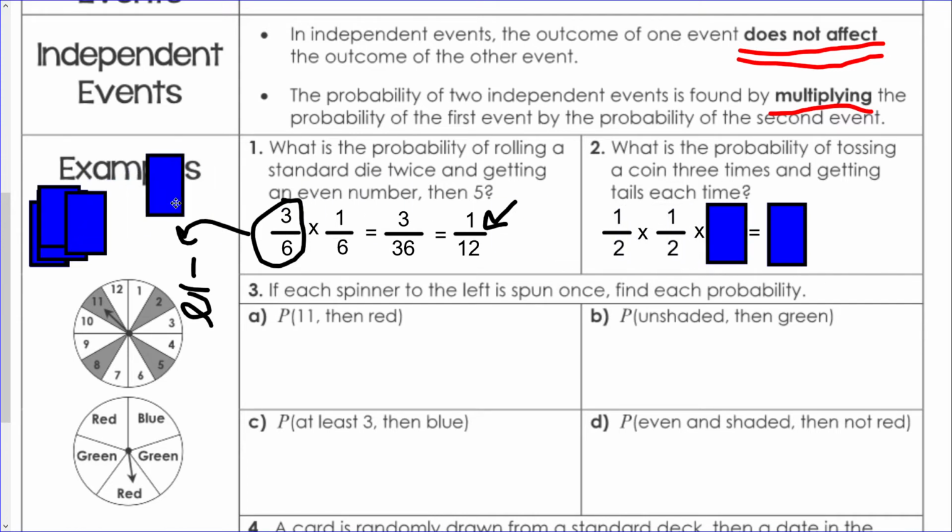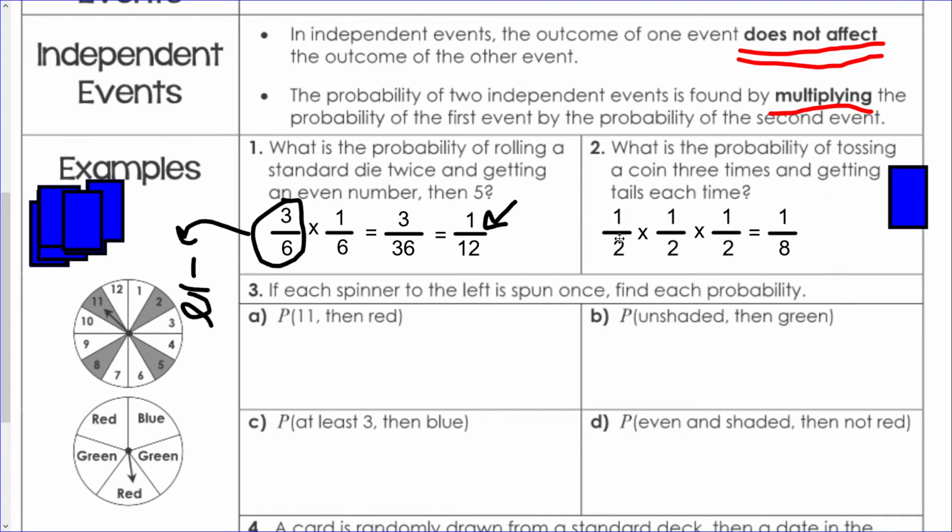The second flip, you still have a 1 in 2 chance of getting tails. And the third flip, still a 1 in 2 chance of getting tails. So you multiply all that together. 1 times 1 times 1 is 1. And 2 times 2 times 2 is 8, not 6. Don't do that. So the probability is 1 over 8, and that's the probability of tossing a coin 3 times and getting tails each time.